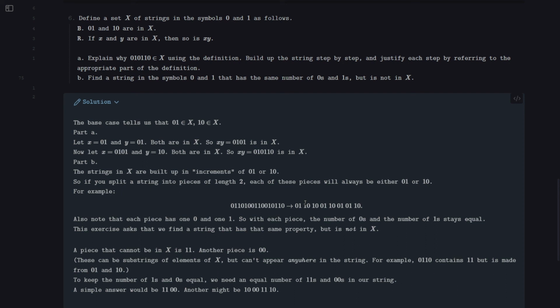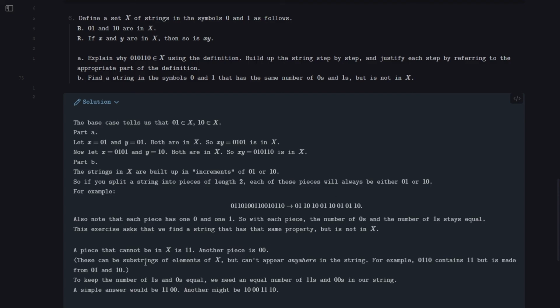Okay, so out of all these 2 by 2 pieces, there's no 1, 1s and there's no 0, 0s. So a string that is not in x is necessarily going to have as part of its 2 by 2 pieces a 1, 1 or a 0, 0.